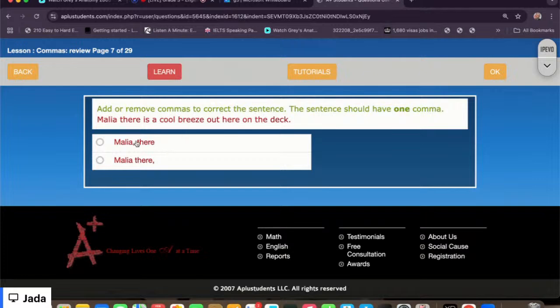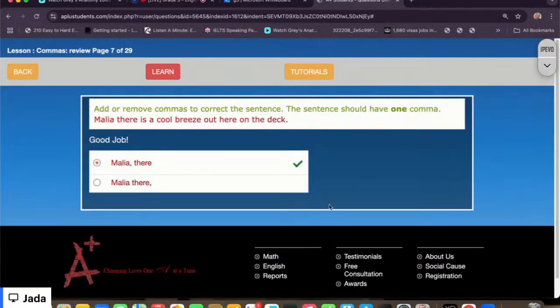So we have a comma in between Malia and there.